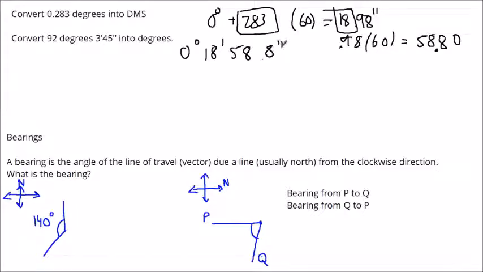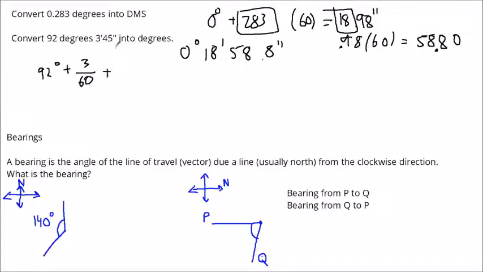Next, 92 degrees, 3 minutes and 45 seconds into degrees. You take the 92 degrees, and it's already degrees, so you don't need to worry about it. How many minutes in a degree? 60 minutes, so you add 3 over 60.